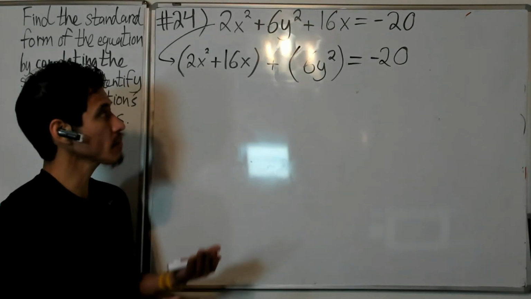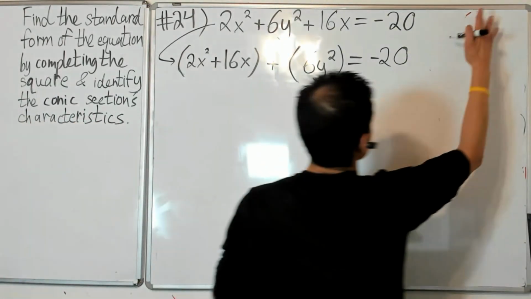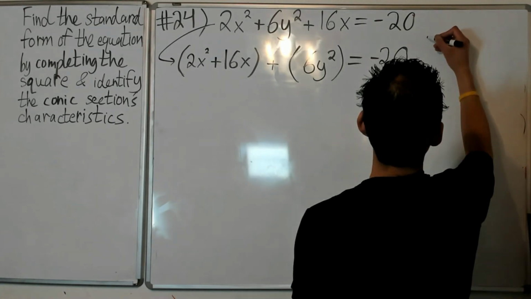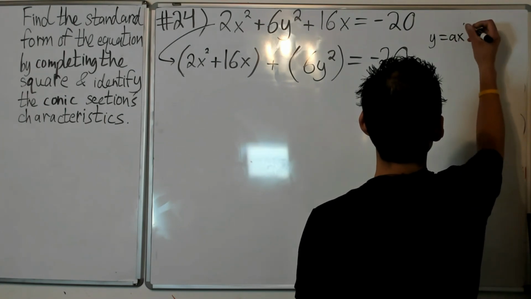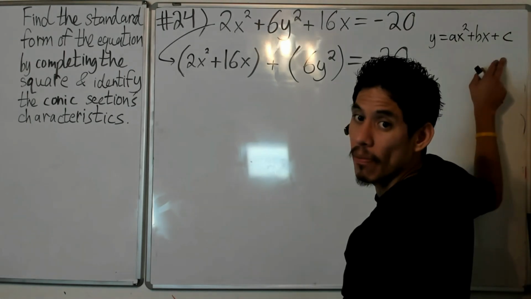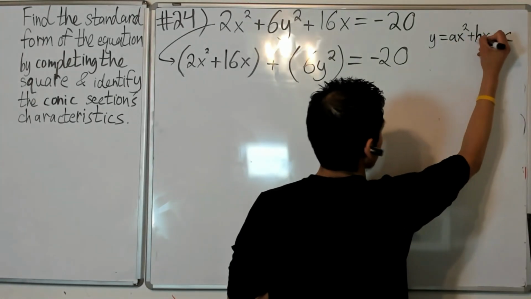Now, completing the square, if you remember from your quadratic equation days, we have a formula like y equals ax squared plus bx plus c. We look at the b. Well, we don't just look at it, we do something with the math.